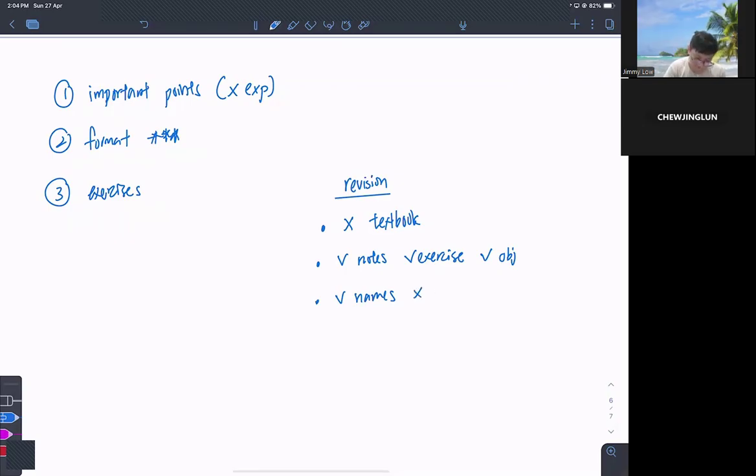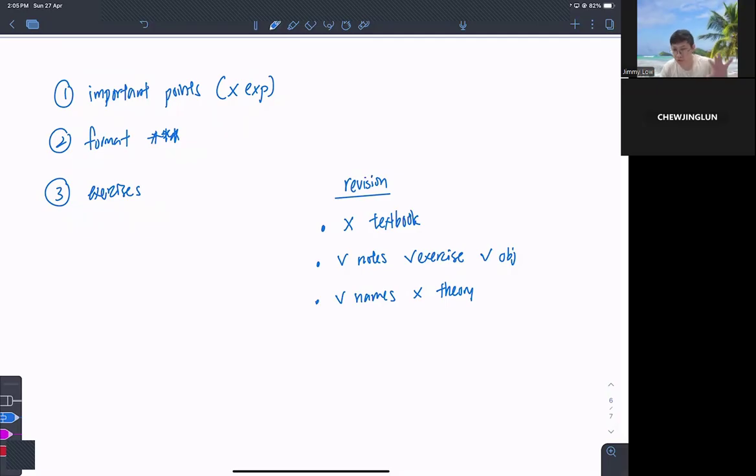But never memorize the theory. For the theory part, try to understand. Make sure you understand the theory instead of memorizing it, because memorized theory doesn't help anything. It is better to use the memory in your brain for those names. This is how you go through revision, instead of spending a lot of time doing nonsense stuff with a textbook.